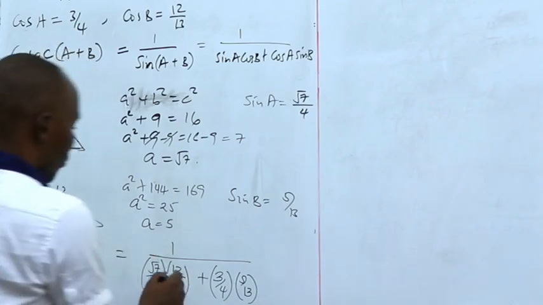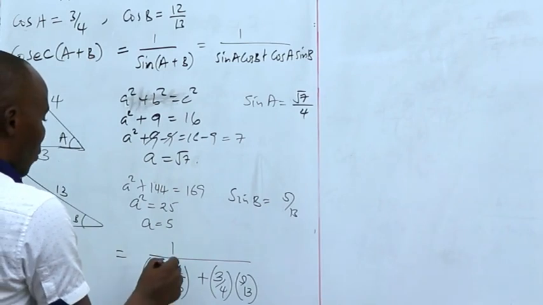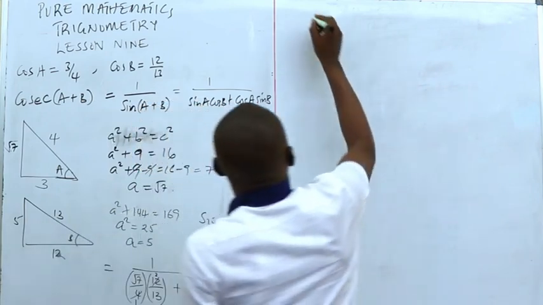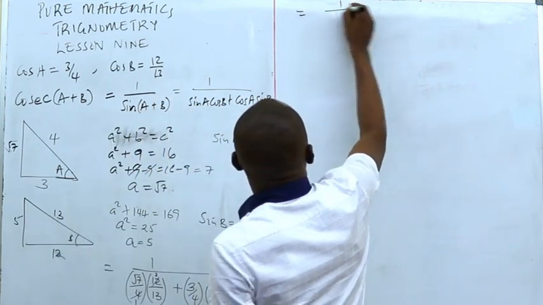So, on simplifying by 4, 1 by 4, 3. I think. So we have 1 over.